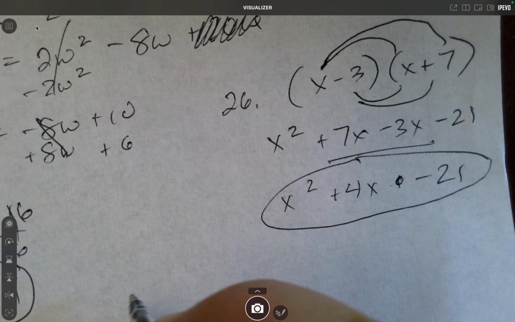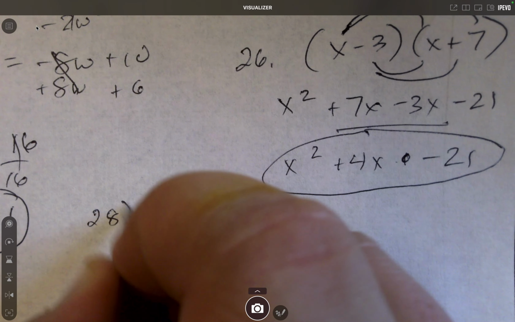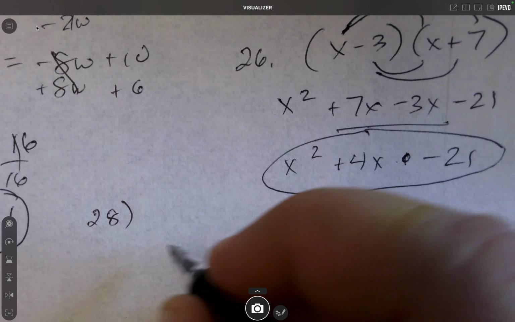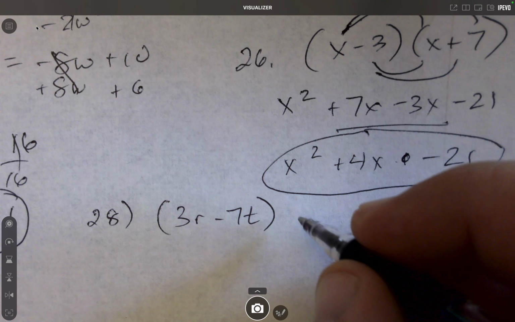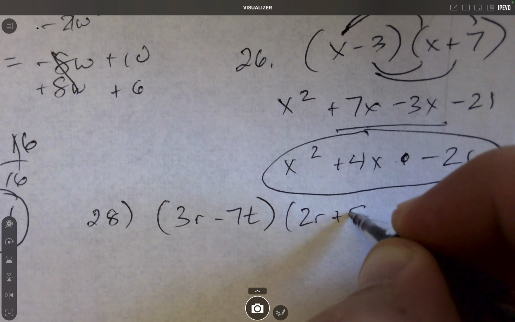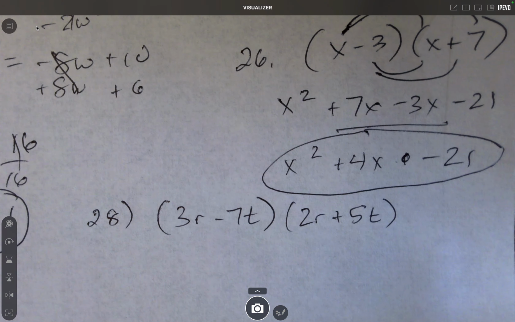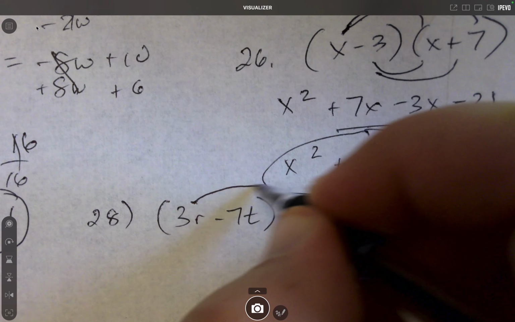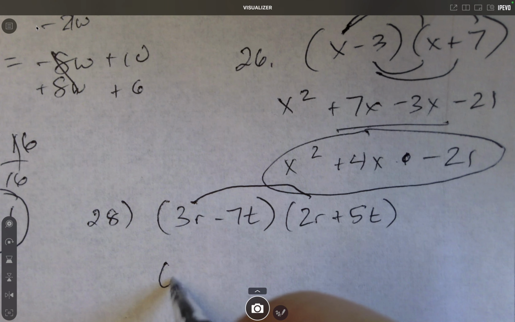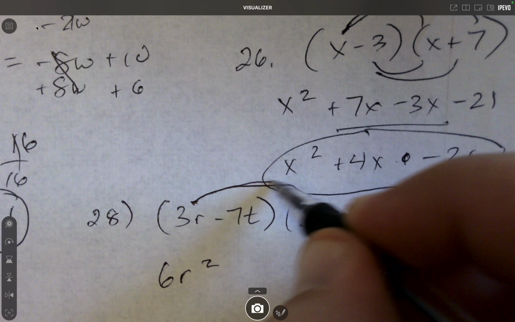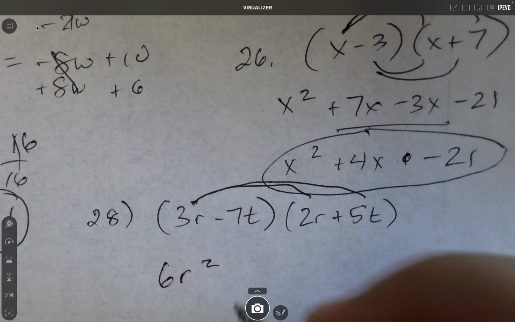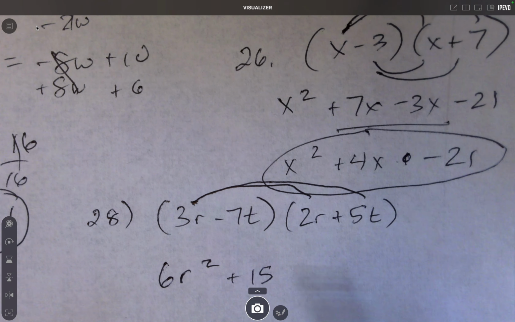Okay, same process for 28. So 3r times 2t, 3 times 2 is 6, r times t is rt. 3r times 5t, 3 times 5 is 15, and r times t, we just leave it as rt.